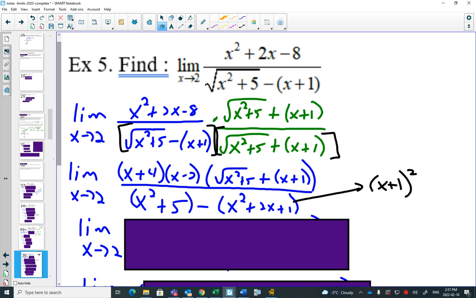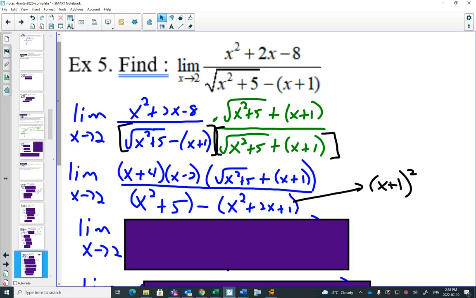So x plus 1 times x plus 1 would be x squared plus 2x plus 1. And it's important that that's in brackets, because if you got a fraction or you got something wrong, it's most likely that you didn't subtract every part of it.